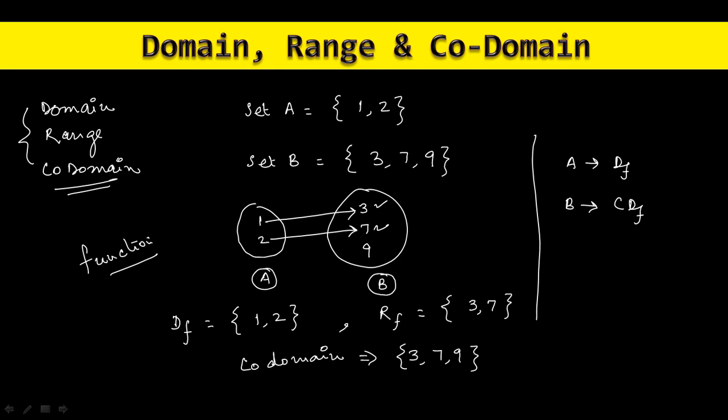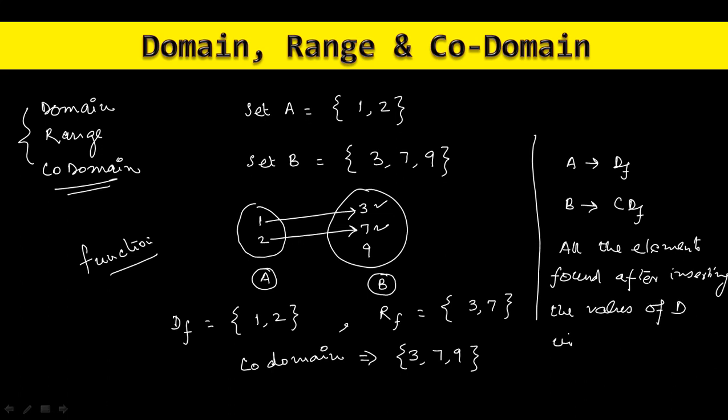And what about range? All the elements found after inserting the values of domain inside the function, means all the answers which are generated whenever I insert these values of domain inside some function.